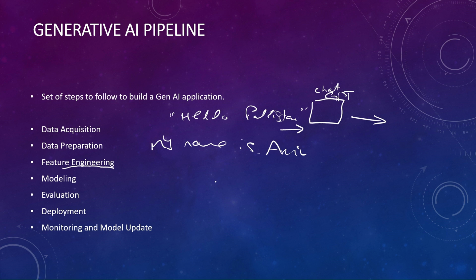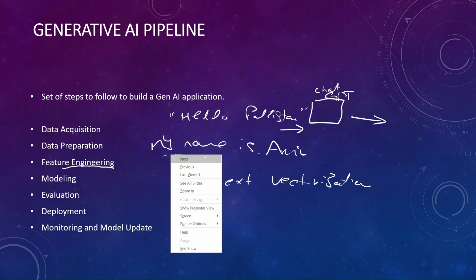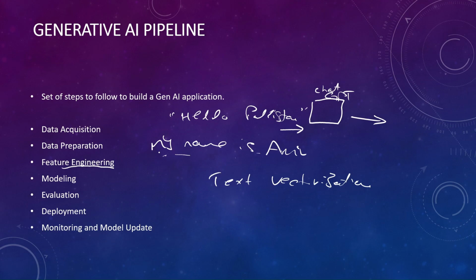In order to work with that, there are different techniques available, which come under text vectorization. Text vectorization basically means that we need to convert the text into numbers. The reason is that our machine learning or generative AI model can only understand numbers.